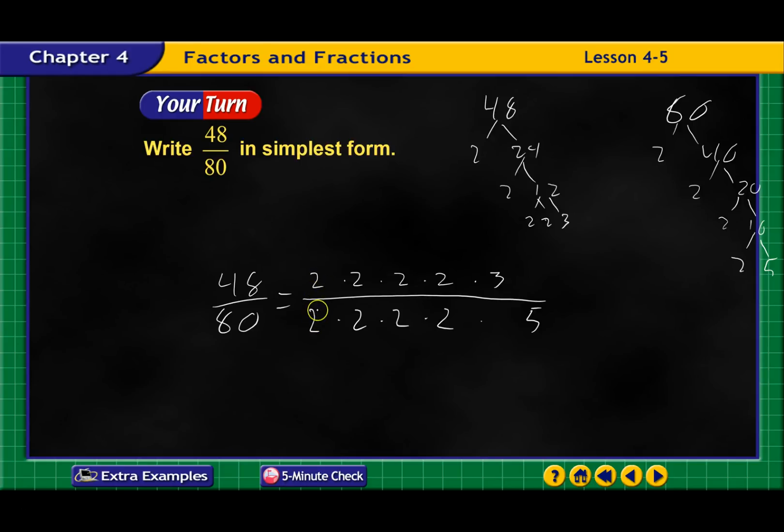So if they're above each other like this, I can actually cancel each other out. Because 2 divided by 2 is 1, 2 divided by 2 is 1, 2 divided by 2 is 1, or you can just cross that one out, cross that one, and it's left with 3 over 5. So that was what they did really fast over there.